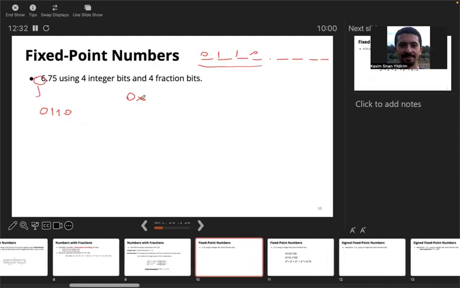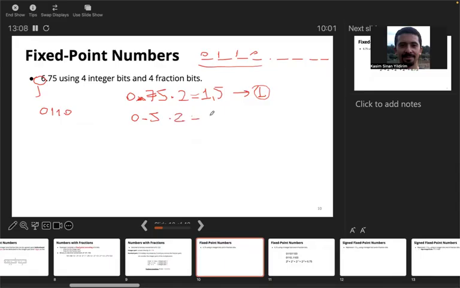Let's do it like that. 0.75 multiplied by 2, what do I obtain? 1.5, right? And now the integer part of this number is what? 1. I record it. And now what is the fractional part of this number? 0.5, right? Now I multiply it by 2.